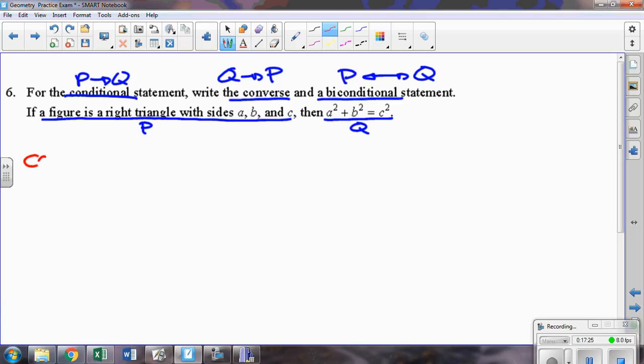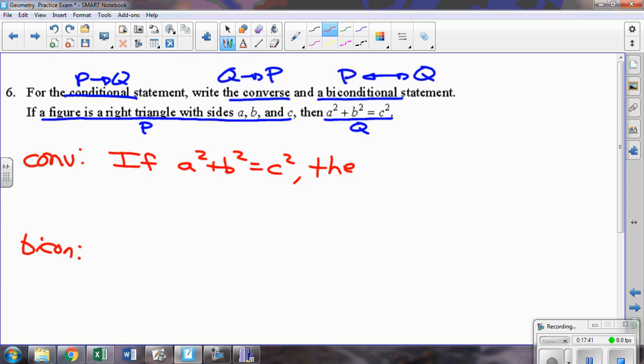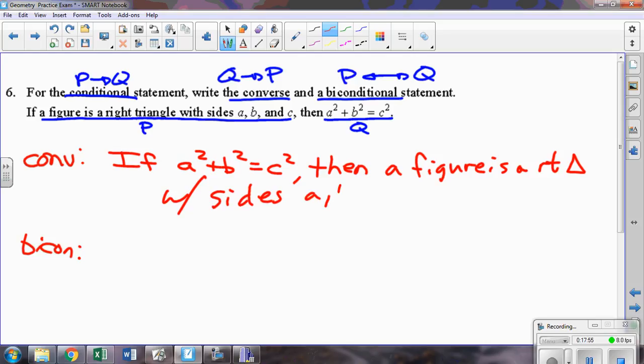Recognizing this information, we'll write up our converse, we'll write up the biconditional. So the converse, if Q then P. Okay, we've got the converse.